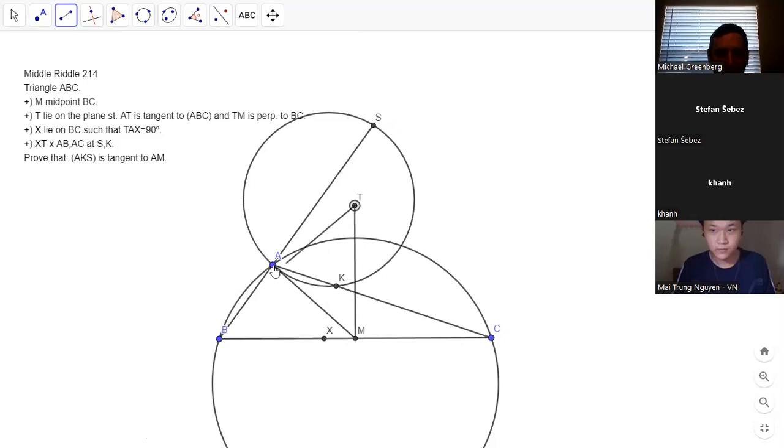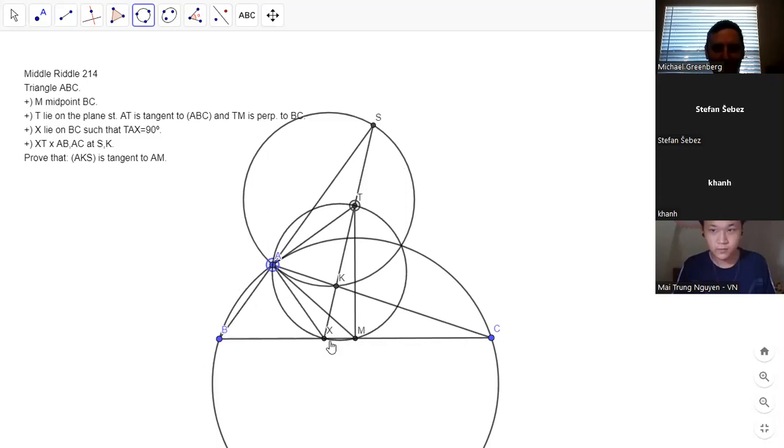This is tangent. T and TAX is 90. This looks hard. So this is cyclic, right? And let's draw the center.